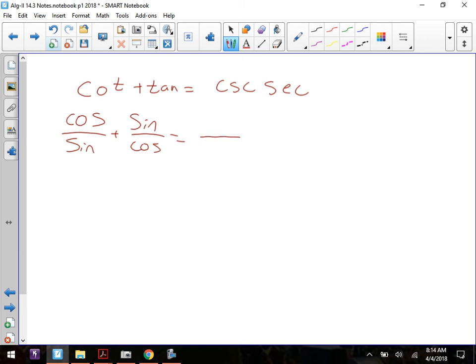Okay. Fraction on the left needs a... Fraction on the right needs a... See? It's okay. You can do this.